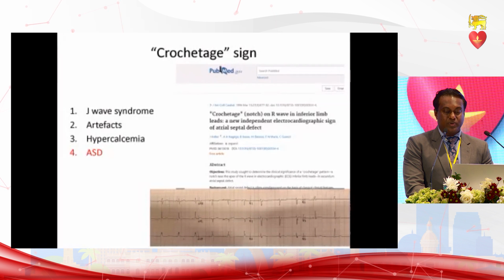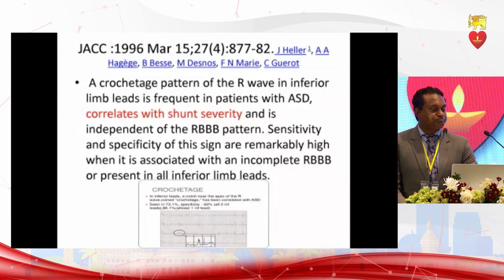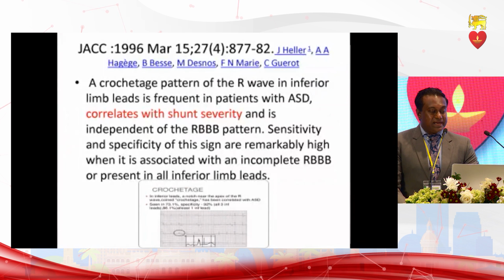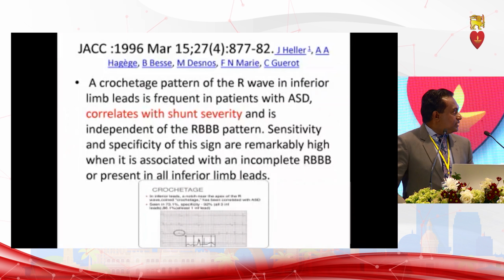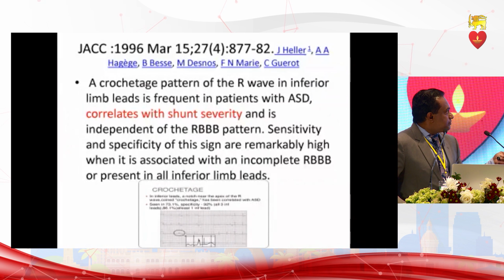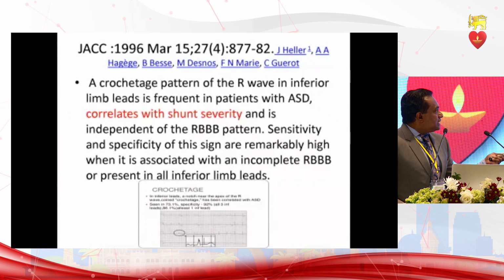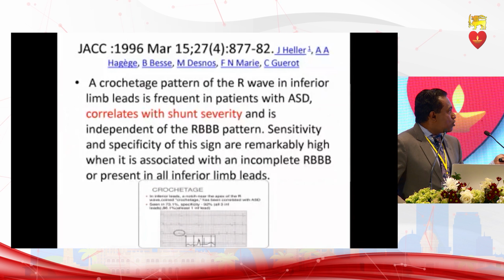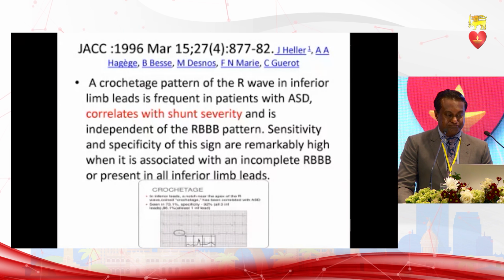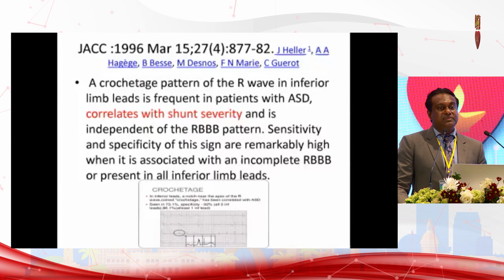This is supposed to be quite sensitive. This crochetage pattern appears as a notch in the R wave, mostly in the inferior leads, and is frequent in patients with ASD, and it correlates well with the shunt severity. And it is independent of the right bundle branch block.